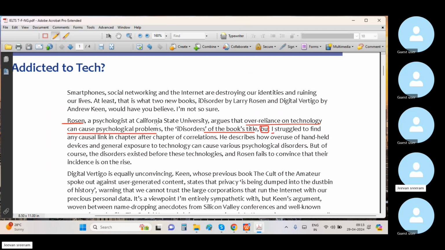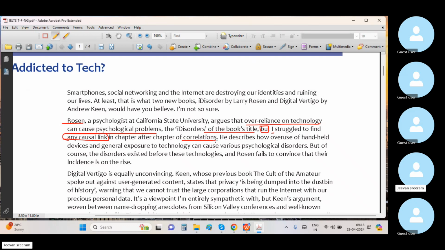So Rosen mentioned, yes, there is a causal connection between over-reliance on technology and psychological problems. But what did the author say? The author said, I struggled to find any causal link. The author has not agreed with him. I struggled to find any causal link in chapter after chapter of correlations. He has actually drawn a relationship between too many things in his books, but he couldn't find any causal link.